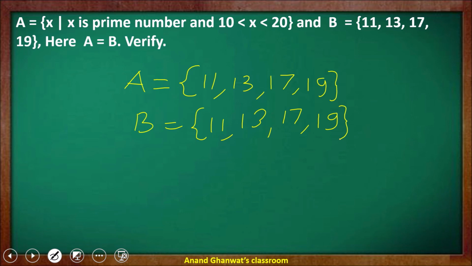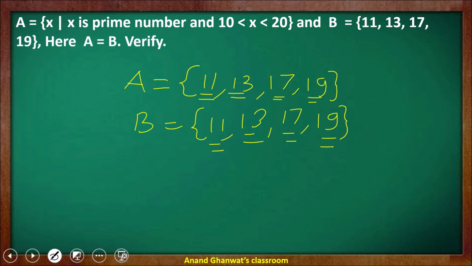So first element 11 is present in set B. Next element, that is 13 of set A, is present in set B also. 17 is present in set A and set B also. 19 is present in set A and set B also.